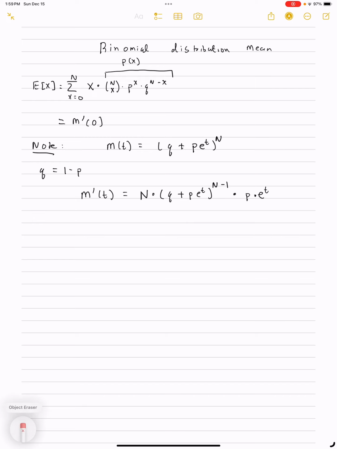Okay. Now, if we set t equal to 0, we're going to calculate this. So this will be n times (q plus p e to the 0), and remember, e to the 0 is 1.